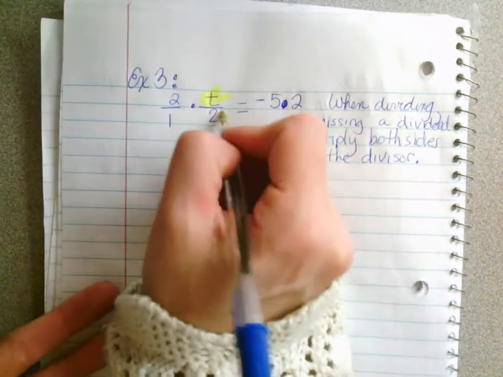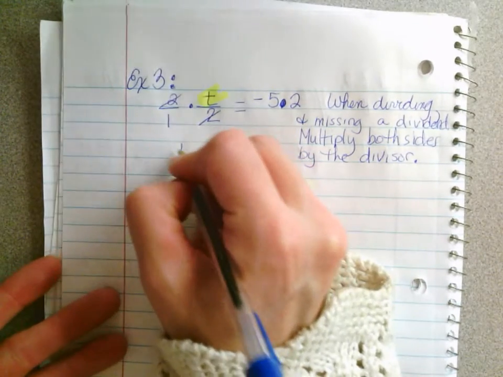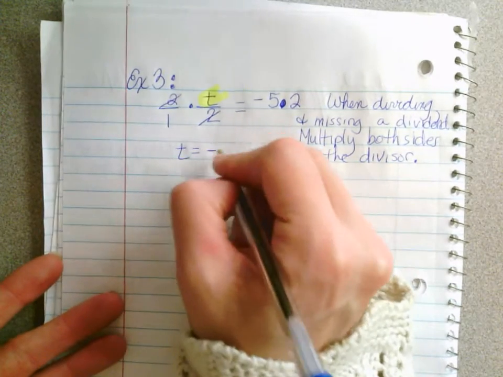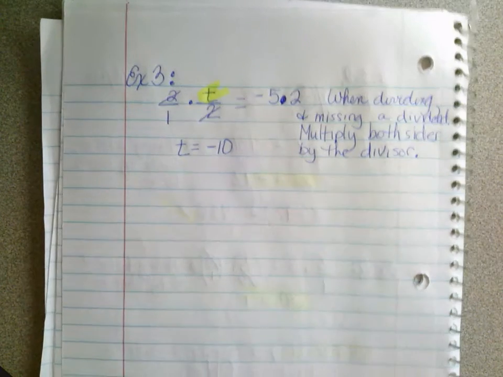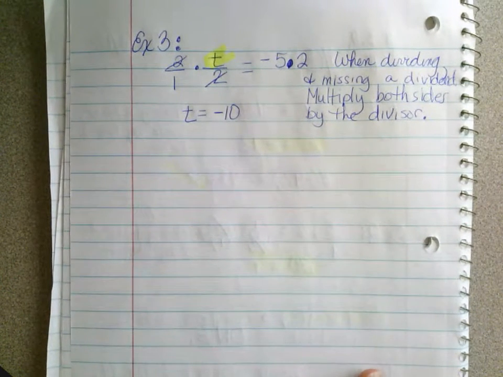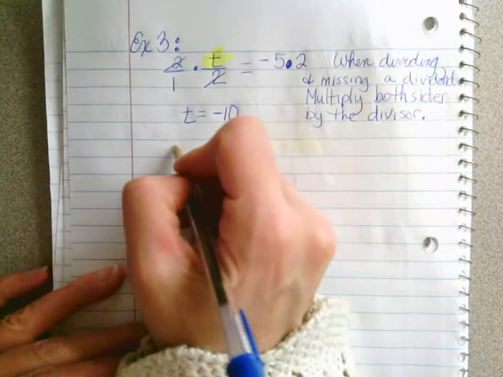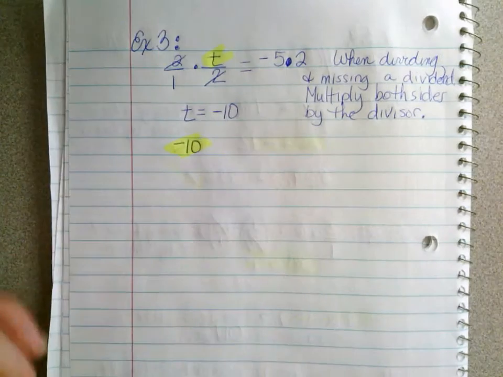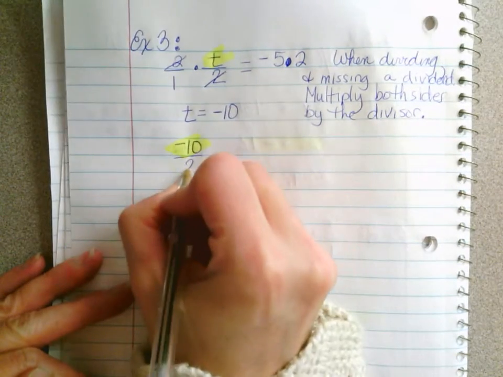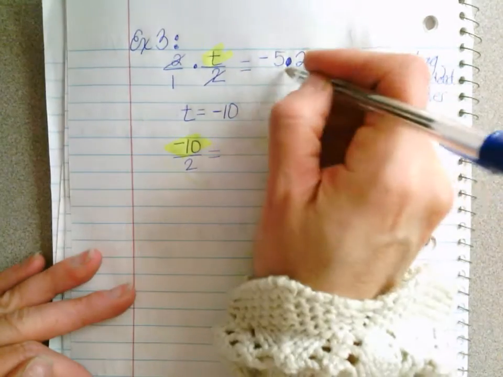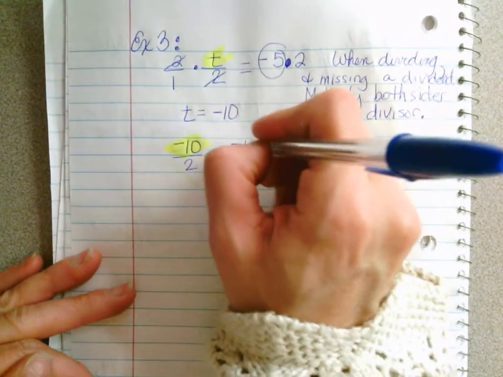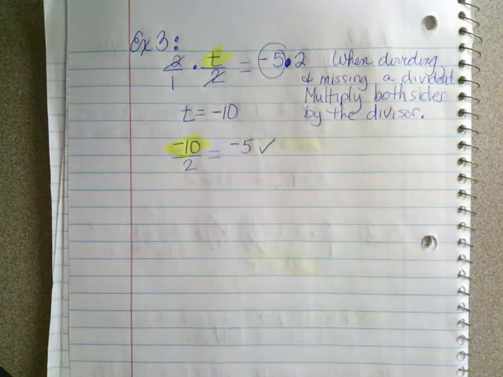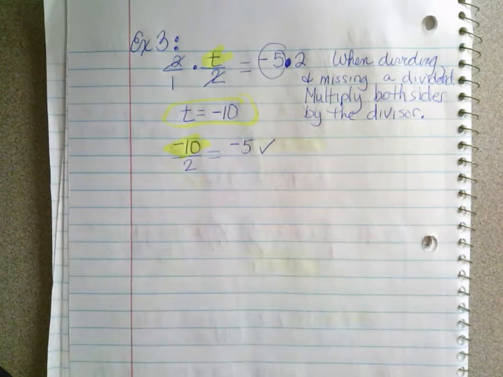The 2's cancel each other out, leaving me with t being equal to that product, -10. To check yourself, you can plug in the -10 where the t was, cut it in half to verify that your answer is a -5, and since it is, you know you are correct.